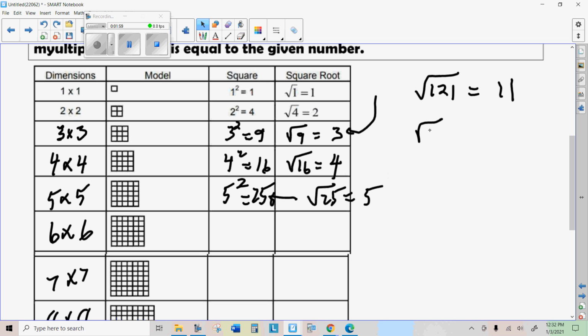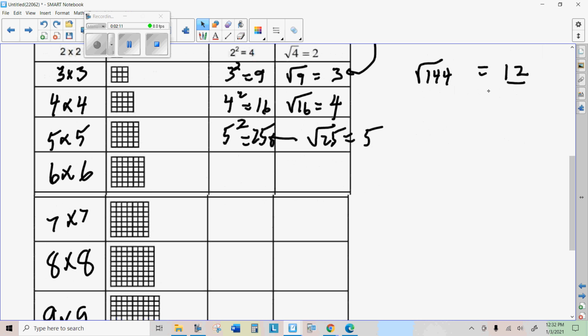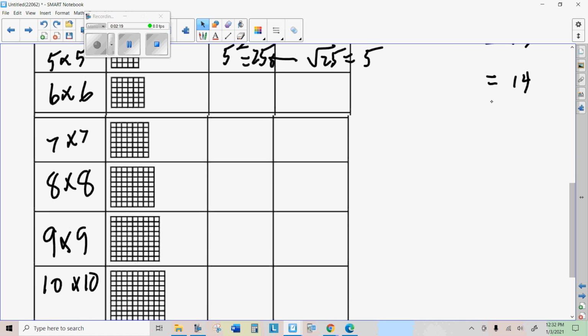So go ahead and do the next. To figure out what the square root gives you 12, just do 12 times 12, which is 144. So I'd like you to do that up to 20. So what square root equals 13, 14, and 15, all the way up to 20.